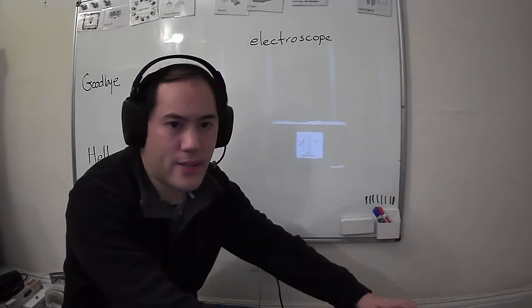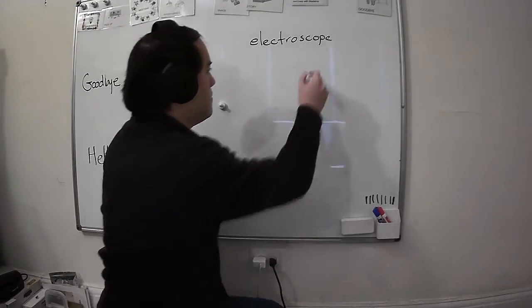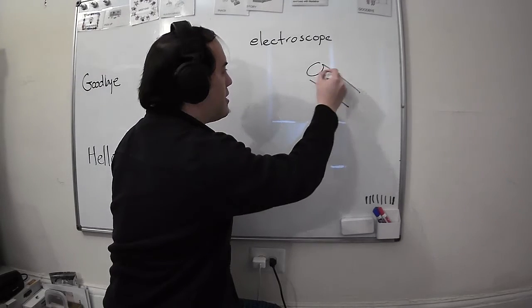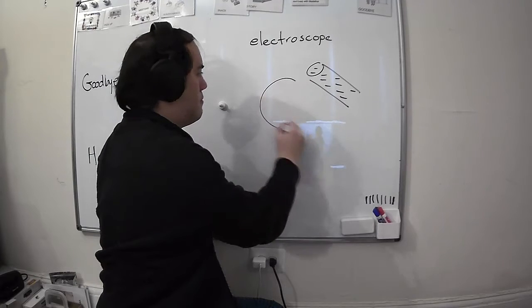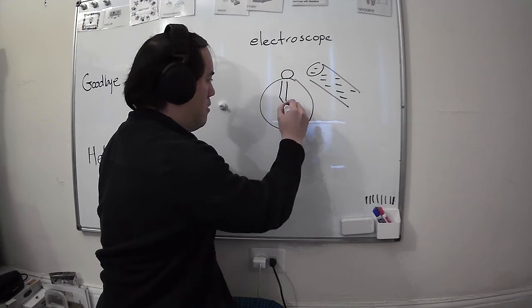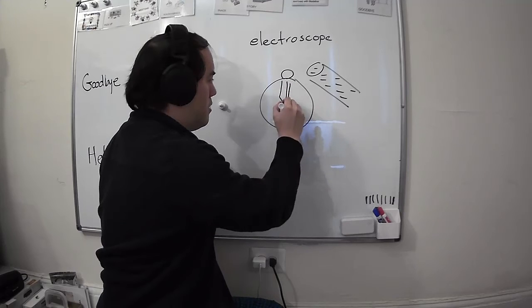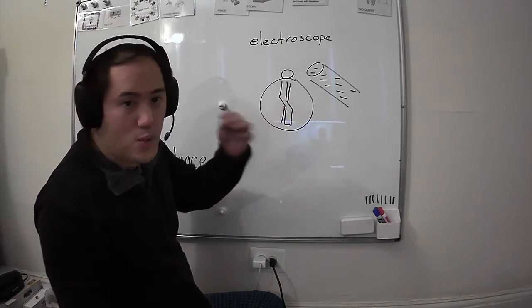So let me draw it out here. I have a large negative object. Here's an electroscope. If it's not rotating, it's neutral.